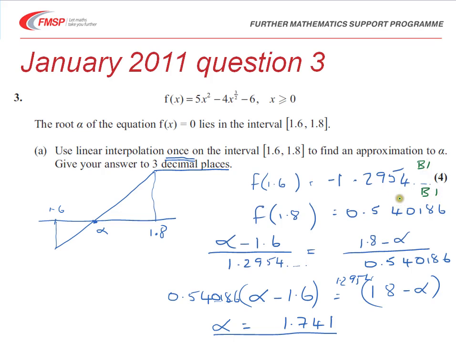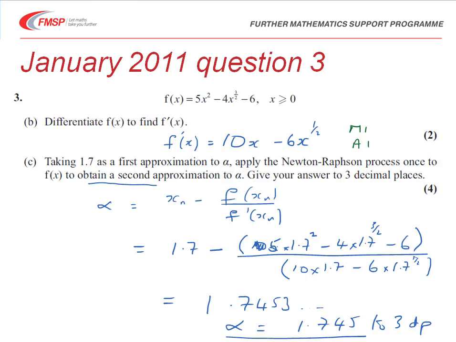Looking at the marking again, in the Newton-Raphson we've got B marks for calculating f of 1.7 and f dashed of 1.7.